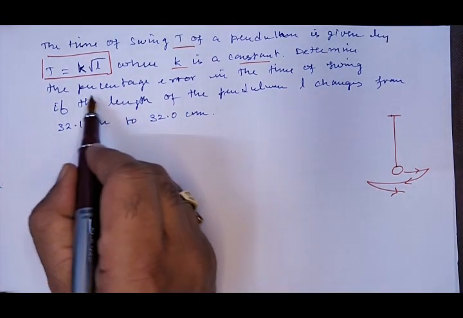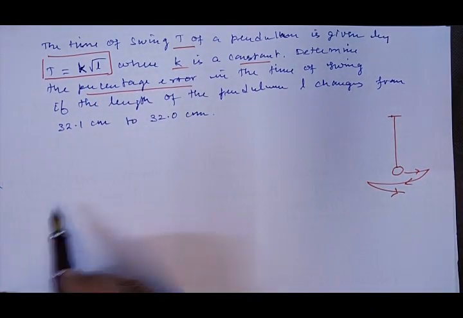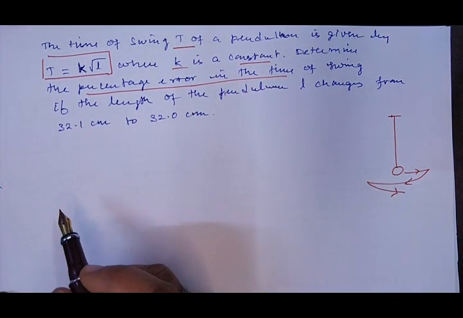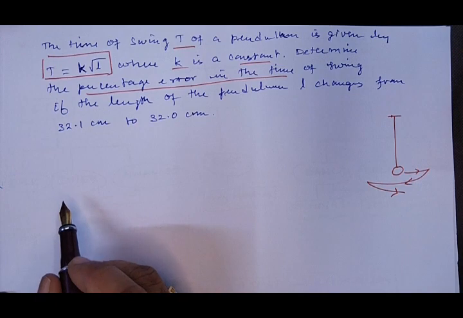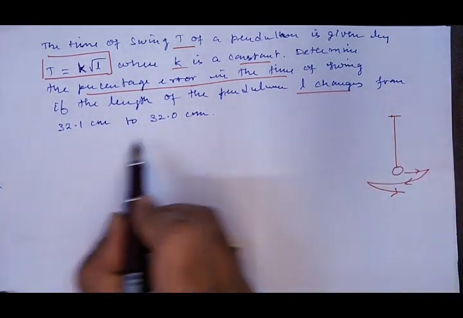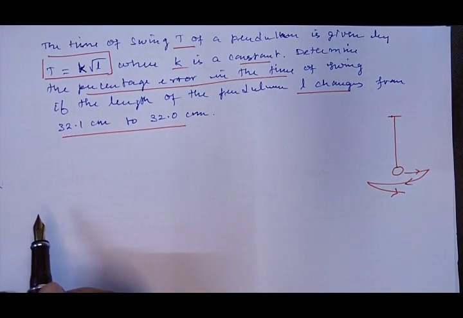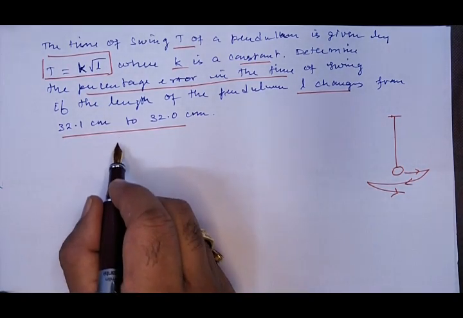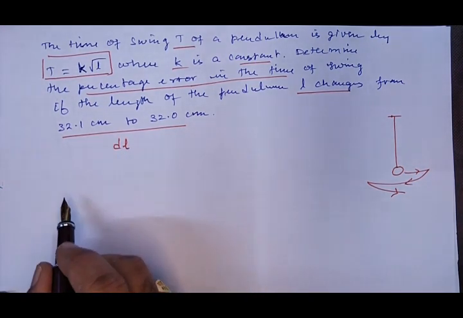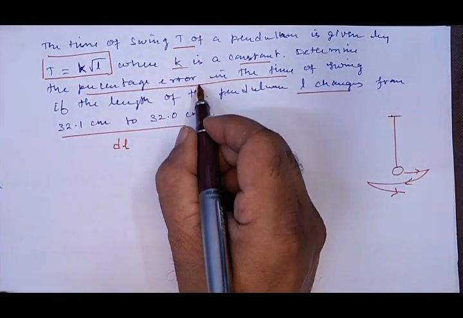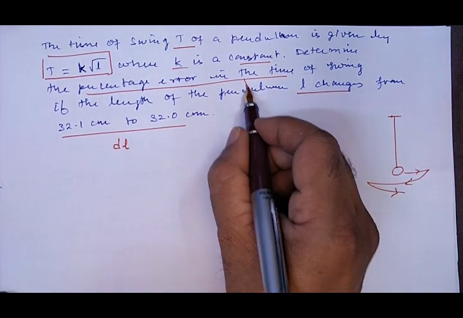Determine the percentage error in the time of swing if the length of the pendulum L changes from 32.1 centimeter to 32.0 centimeter. So this is the small difference in the length, and we need to determine the percentage error in the time.